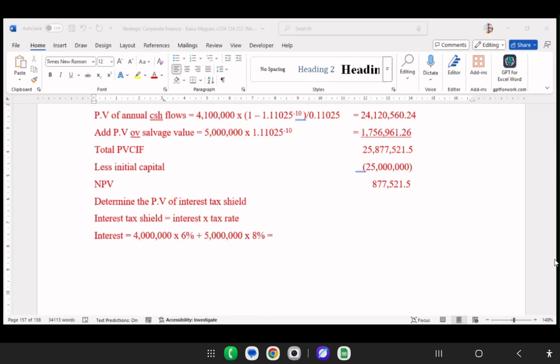How much is the interest? Interest. It said 640. I see someone is giving us 640. Yes, 640,000, that is 640.